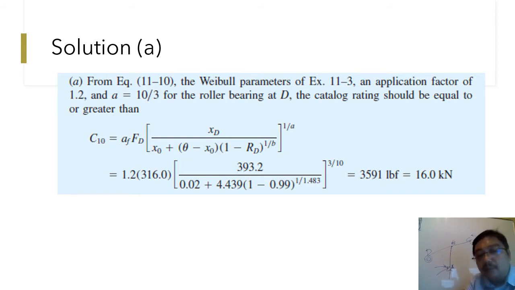Meaning when you open the catalog, just like when you go to a supermarket, IKEA, or Tesco, you choose the catalog entry equivalent to 16 kilonewton. Not below that, at least 16 kilonewton.